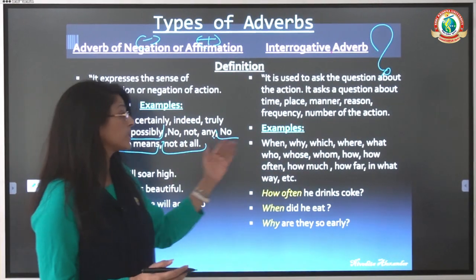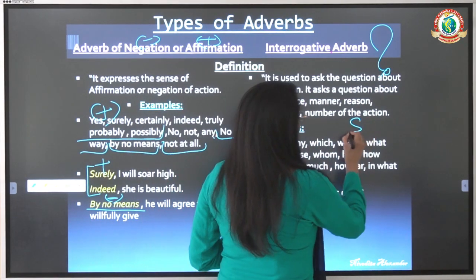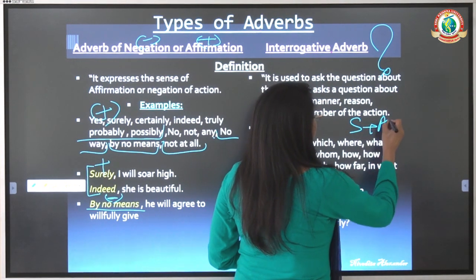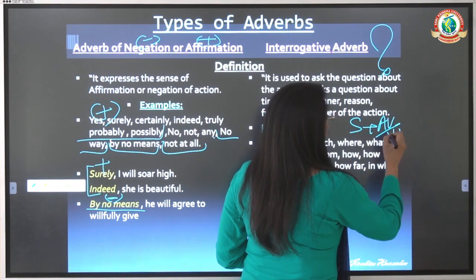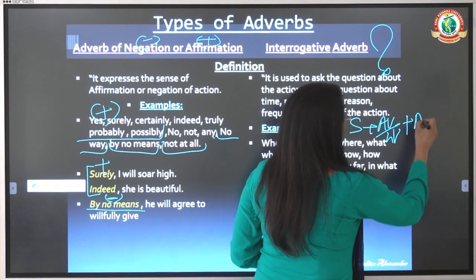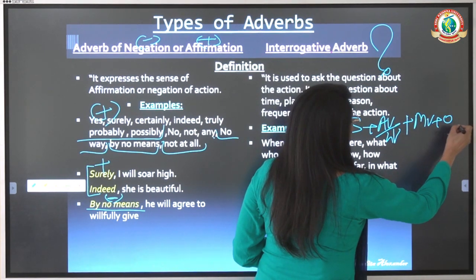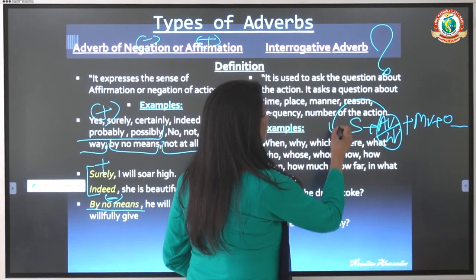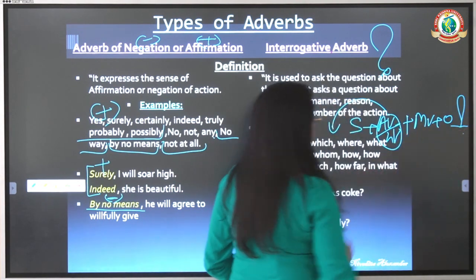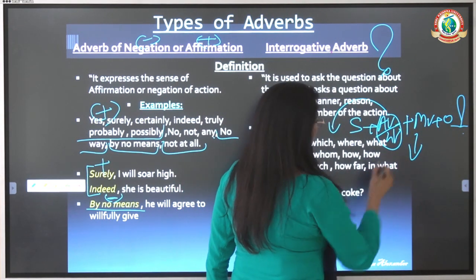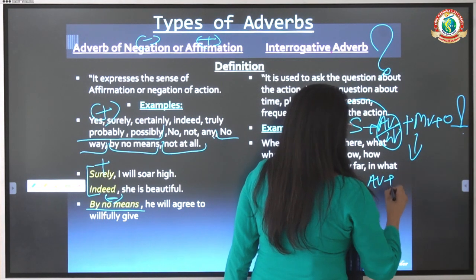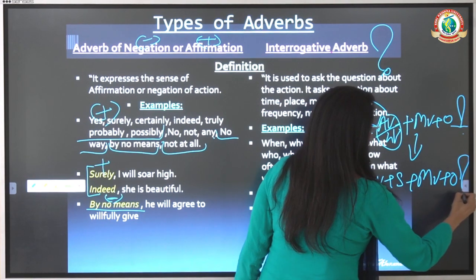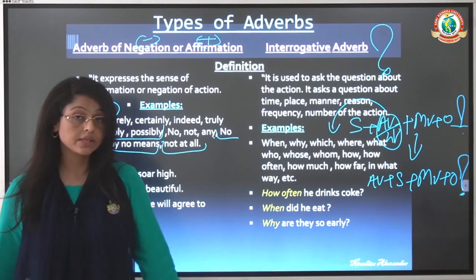In a sentence, for example, the basic structure is subject plus auxiliary verb, which is also called a helping verb, plus main verb plus object and whatever the extension is. If you put this here, it makes a question sentence. So here the formula will become auxiliary verb plus subject plus main verb plus object, and the entire sentence will become a question sentence, an interrogative sentence.